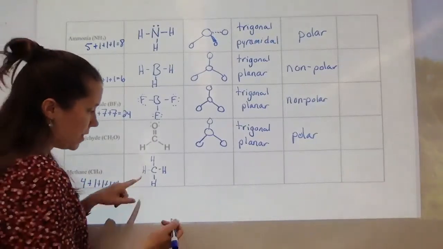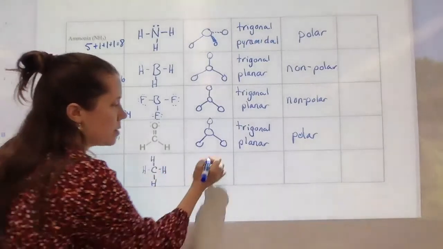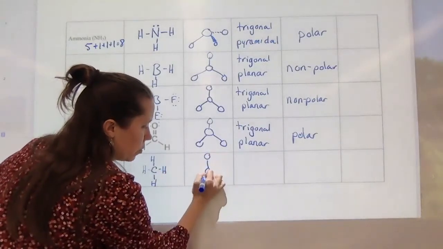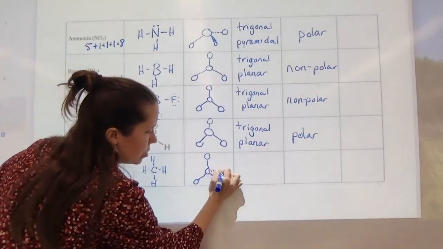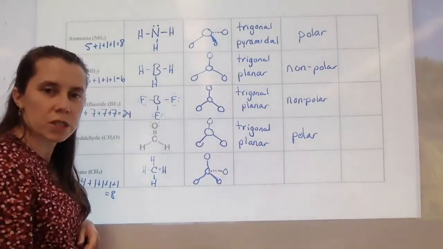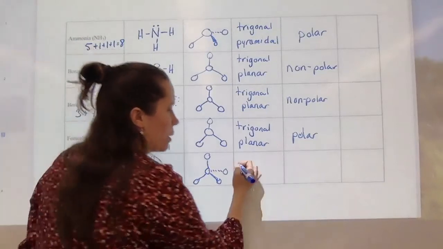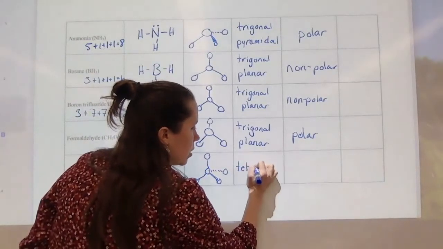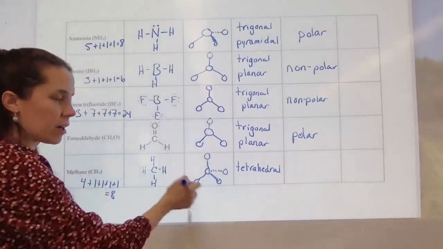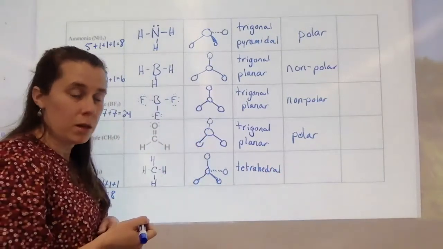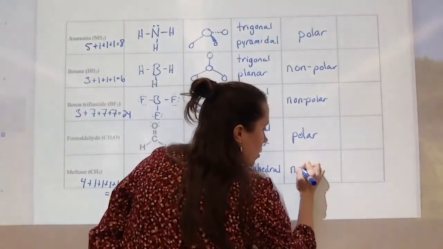All right, this one has 4 groups, so it's going to be the tetrahedral, which we drew at the top, right? Remember that has the wedge and the dash, which looks a little funny, but that's how we draw it, so you know it's 3-dimensional. And it's tetrahedral. Everything around that carbon is the same, so it's going to be nonpolar.